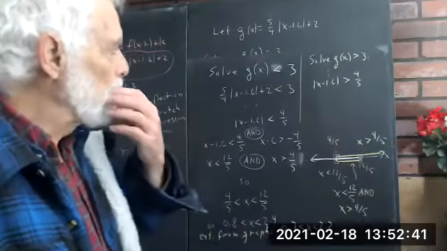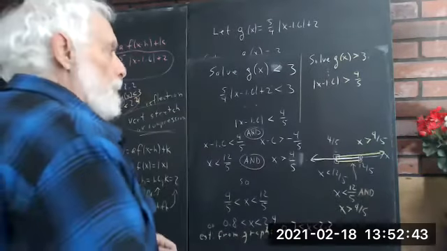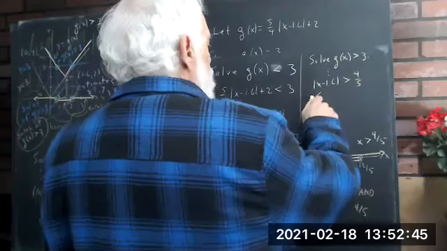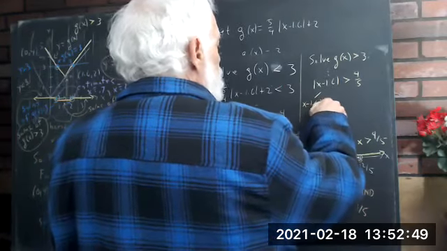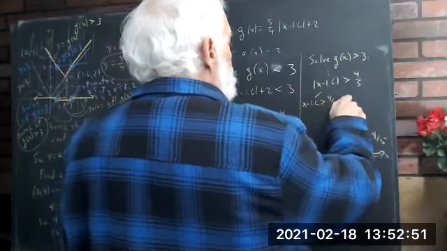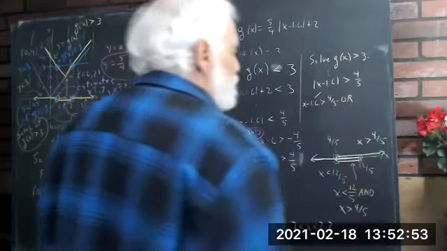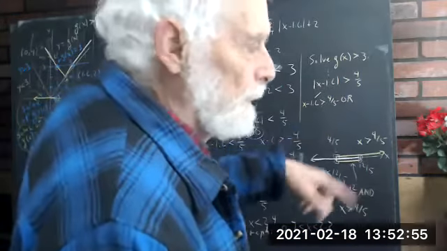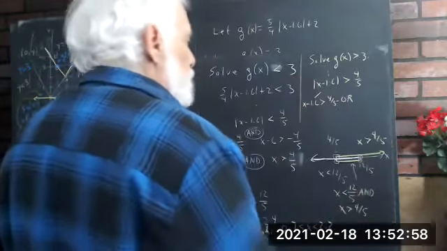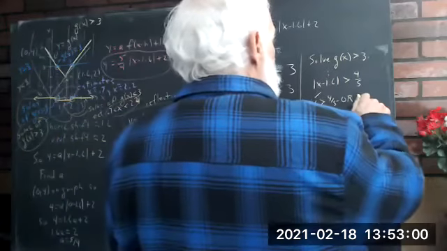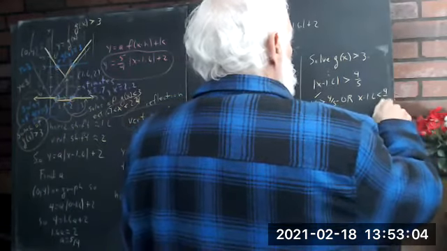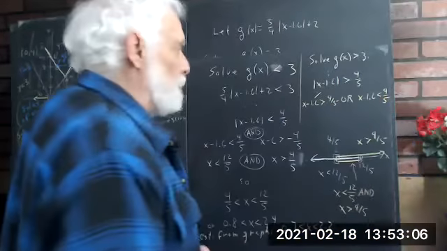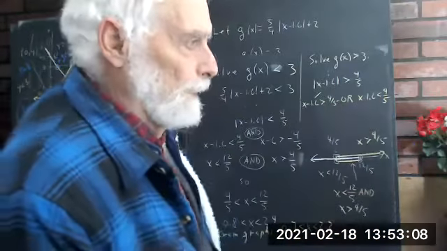You get absolute value of x minus 1.6 greater than 4/5. This splits into the inequality x minus 1.6 is greater than 4/5, and another branch splits into x minus 1.6 is less than negative 4/5.